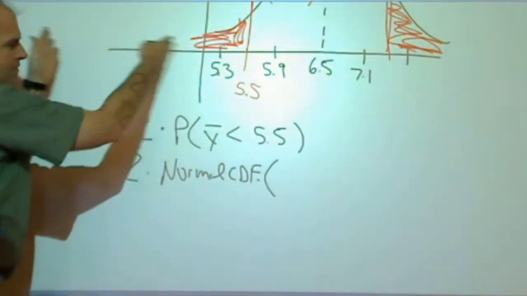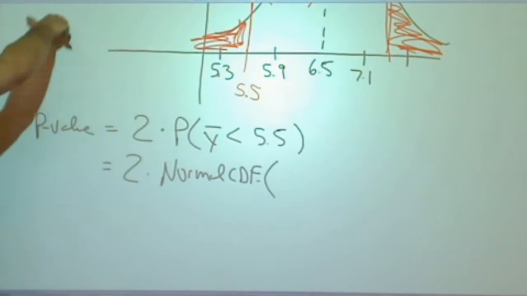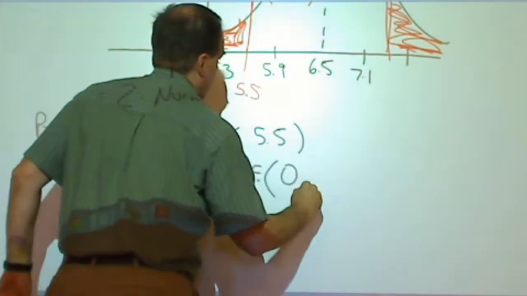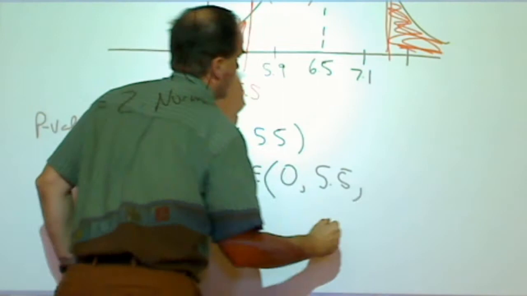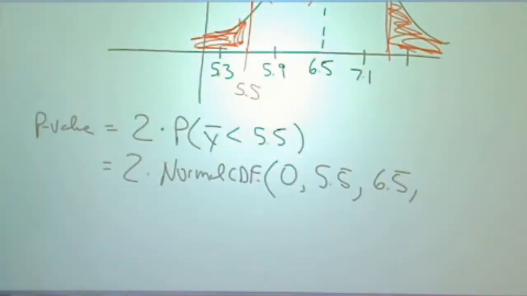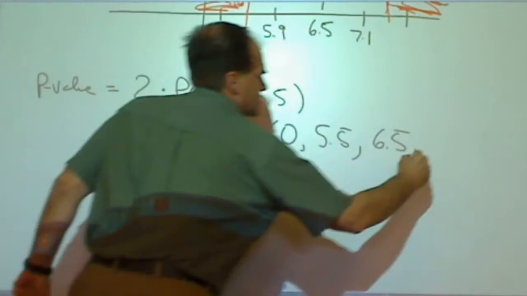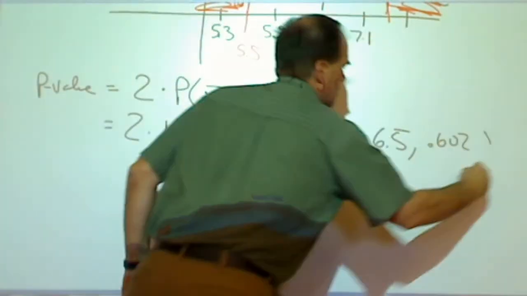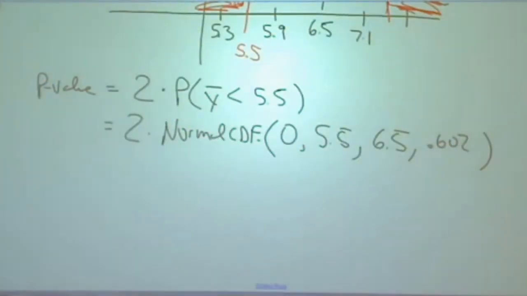Lower bound, I'm going to go down to 0, something way back over 0, up to 5.5, mean of 6.5, standard deviation of 0.602.